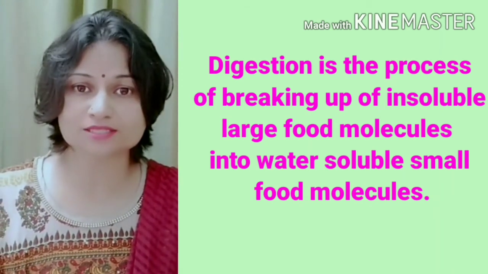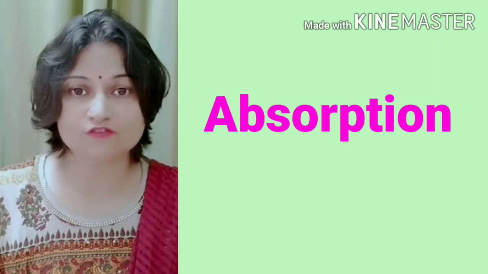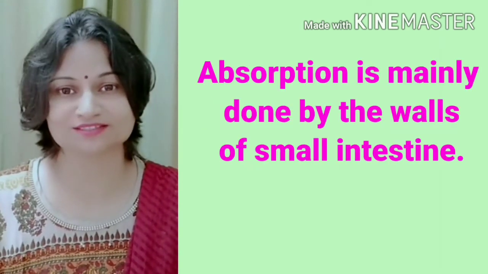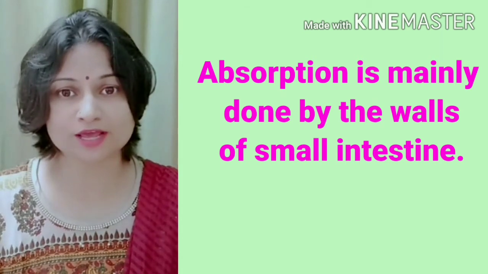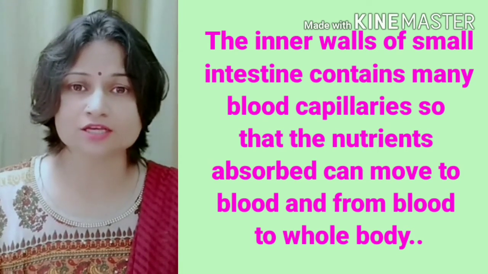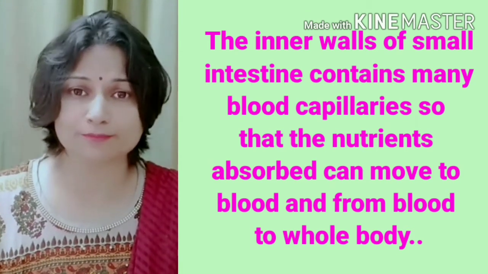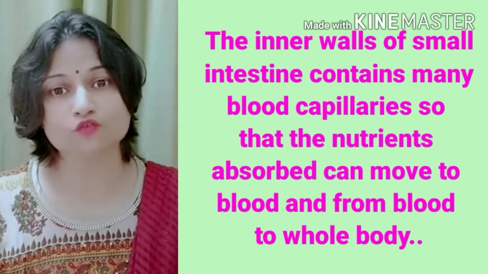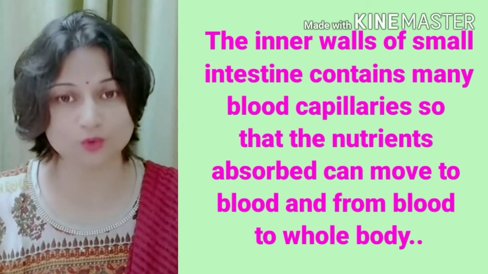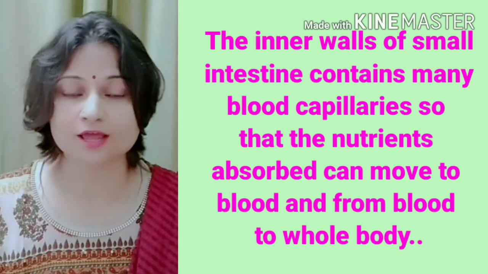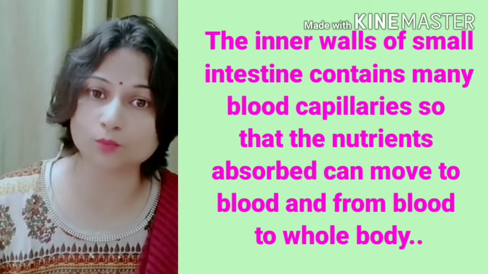Now the third step is absorption. When digestion is complete, absorption takes place. Absorption mainly takes place from the walls of the small intestine. The walls of the small intestine contain tiny blood capillaries so that the nutrients absorbed by the wall of the small intestine can move to the blood, and from the blood they can move to the whole body.